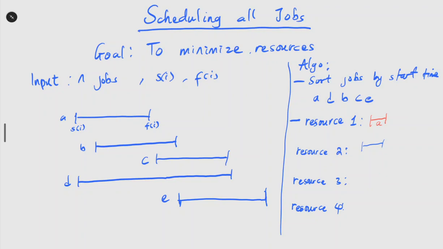Job B overlaps with job A and job D, so we're going to allocate it to a third resource. How about job C? It doesn't overlap with job A, so we're going to add job C here. How about job E? It does not overlap with job B, so we're going to add job E here. So in this new example, we use only 3 resources or 3 processors for the 5 jobs.